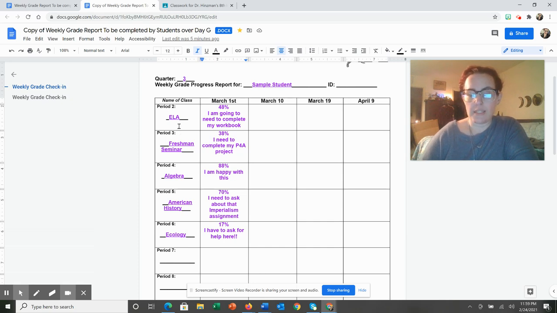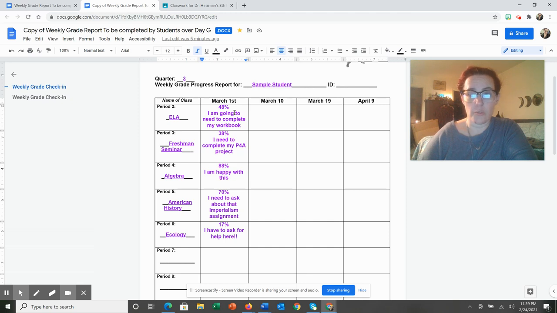Then your next task is to find out what your current grade is in the class. You can find that out by going on home access. Now, you have been given the information on how to access your grade via home access multiple times throughout the school year, to get onto the eSchool home access.